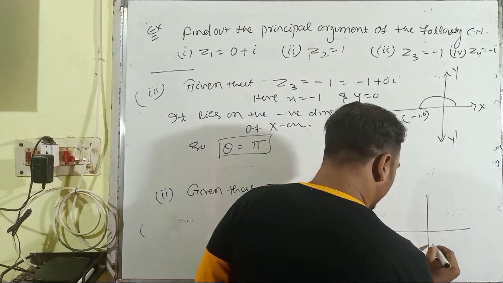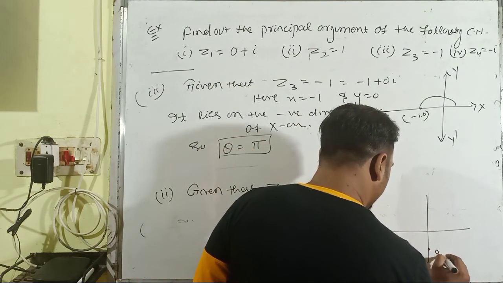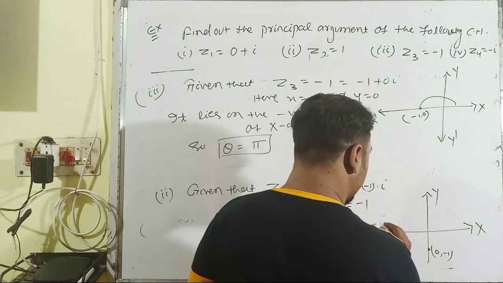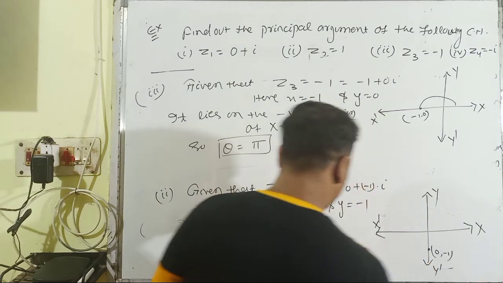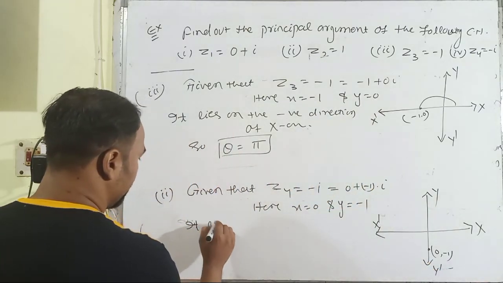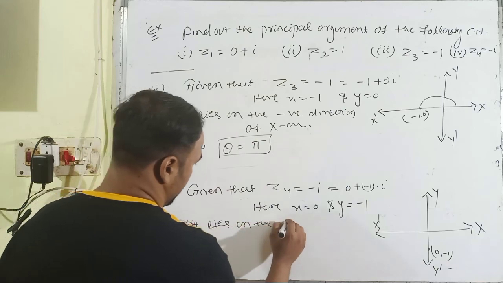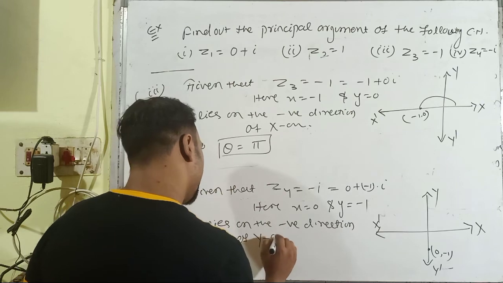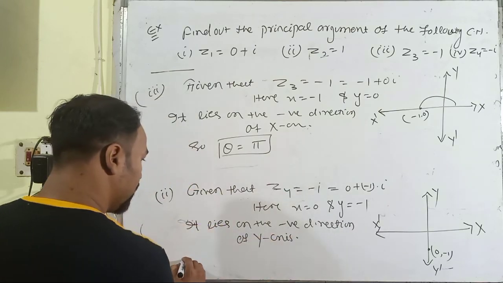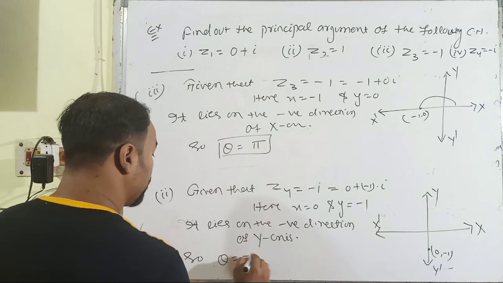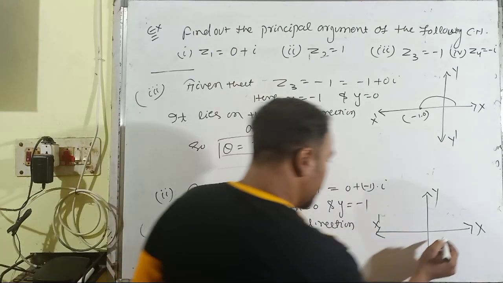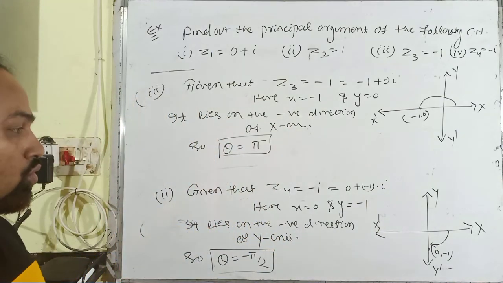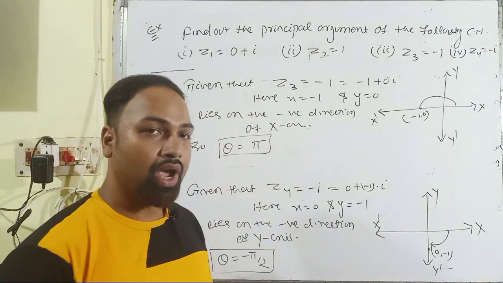That means the point is here (0, -1), and it lies on the negative direction of the y-axis. So theta is equal to -pi by 2. It is measured in the clockwise direction, and the angle is pi by 2 in magnitude. So the principal argument is equal to -pi by 2.